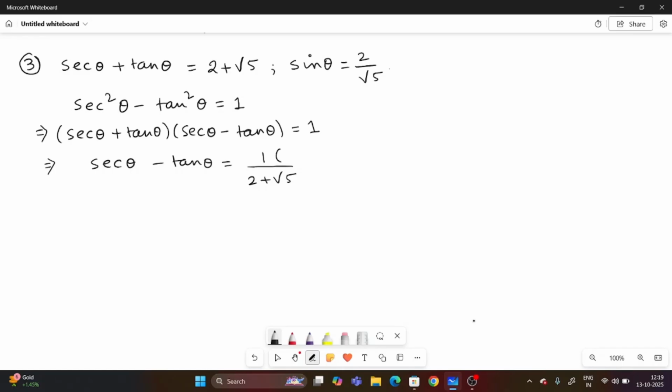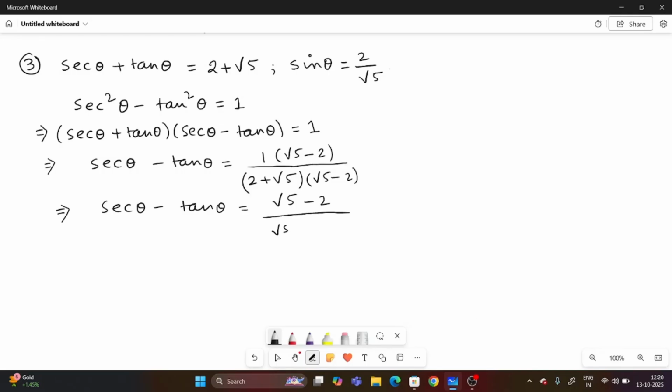So we are multiplying the numerator and denominator by root 5 minus 2. So sec theta minus tan theta is equal to root 5 minus 2 divided by root 5 square minus 2 square.